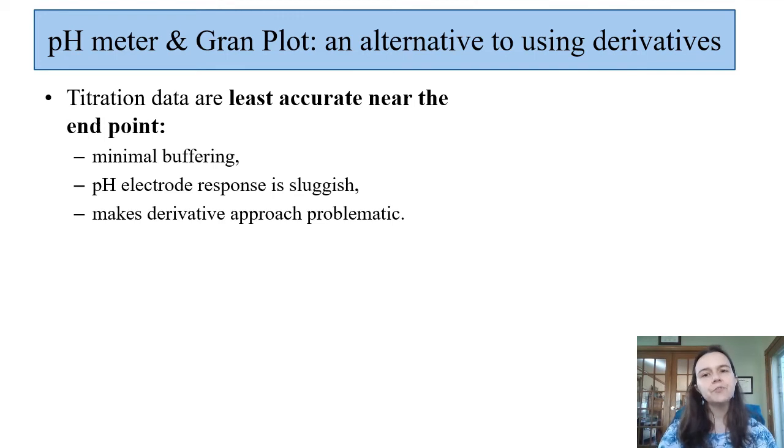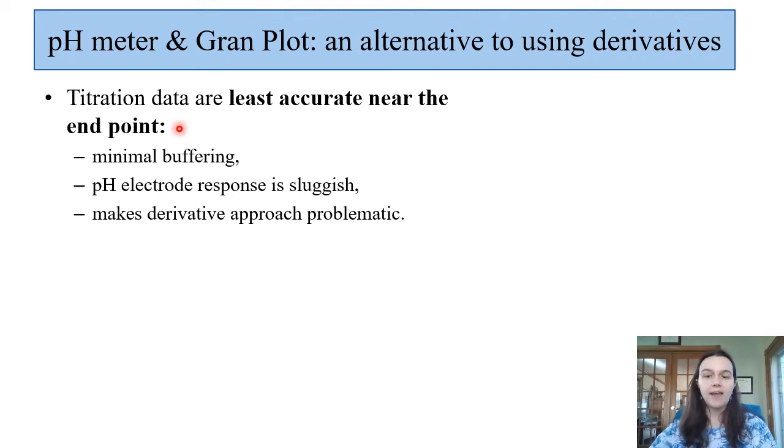Another alternative for processing the data from a pH meter is something called the Gran Plot. The Gran Plot is an alternative to using derivatives. As I said, the titration data near the endpoint where the pH electrode is really slow and there's not a lot of buffering going on, is going to make the data less accurate near the endpoint.